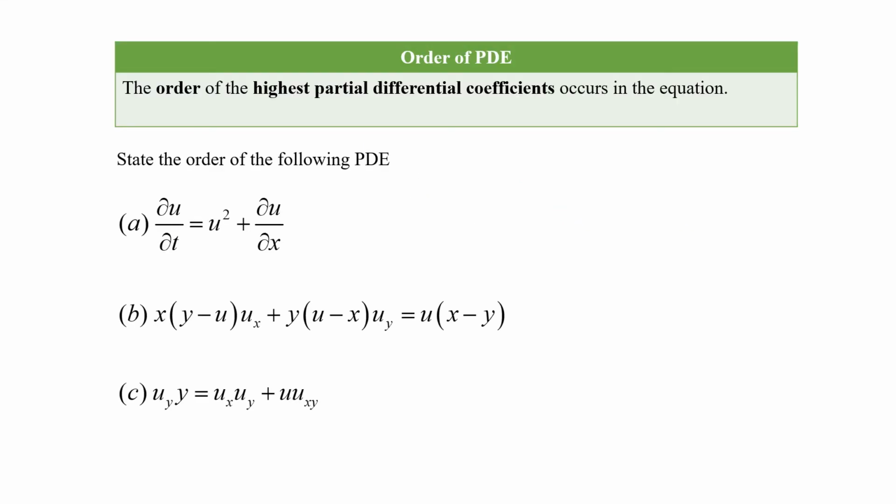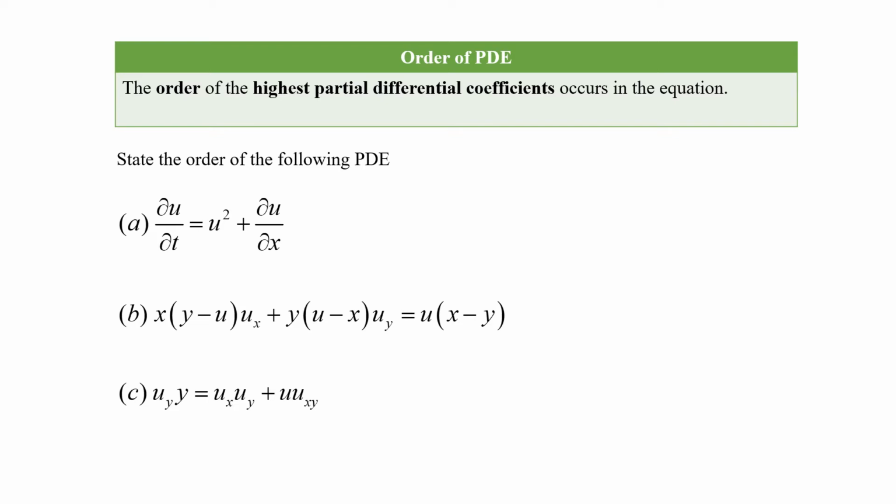So now the first important term is the order of PDE. How do we know the order of PDE? We can know the order of PDE by taking the highest partial differential coefficient that occurs in the equation. So the highest partial differential coefficient will be the order of the PDE.